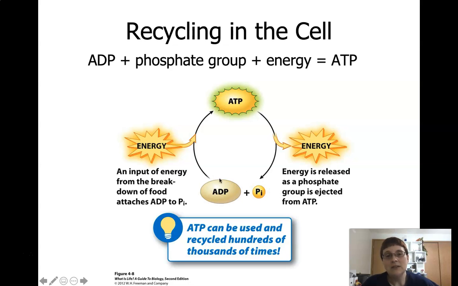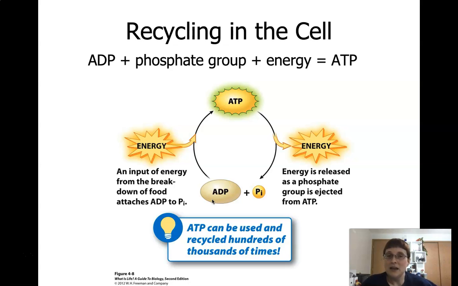And then the whole thing will be started over. So this will get sent to be charged back up, and then this will get sent out. It'll get used, sent back, over and over and over again, right? And the cool thing about this versus our normal rechargeable batteries is ATP can be recycled hundreds of thousands of times as a battery before it has to be disassembled and new ATP is made.